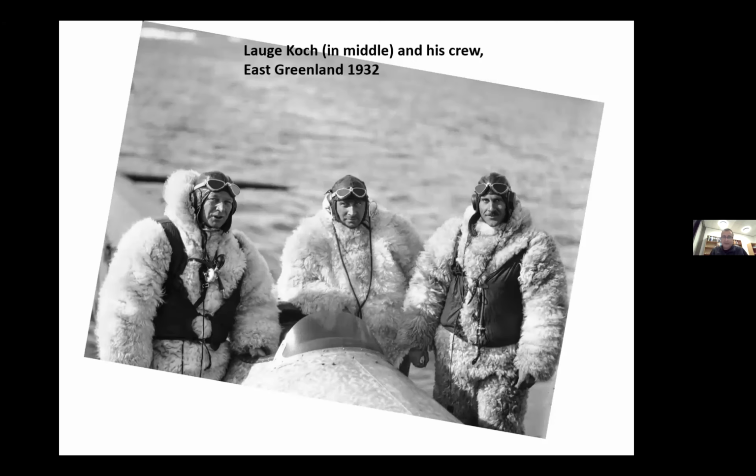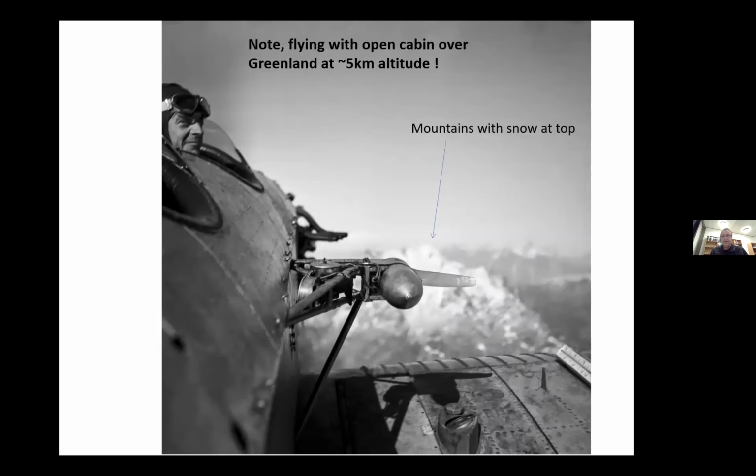They are preparing to conduct aerial photos, and as you can see, they are all wearing polar bear outfits. This is a photo at approximately 5 kilometer elevation. You can see the mountain tops in the background here.